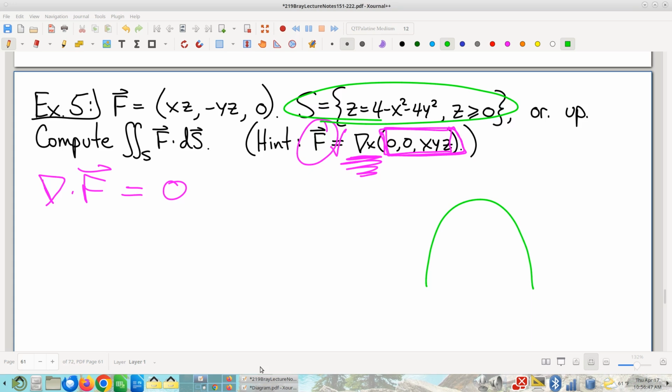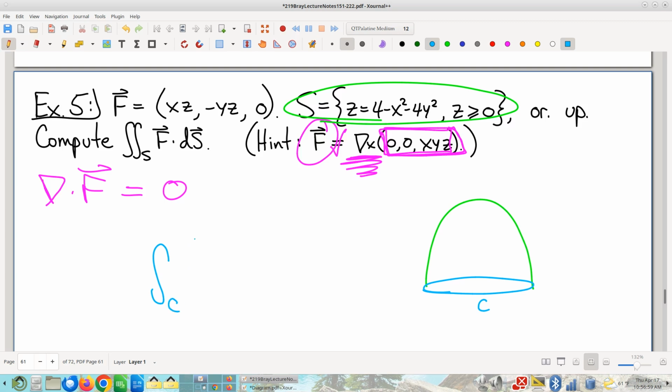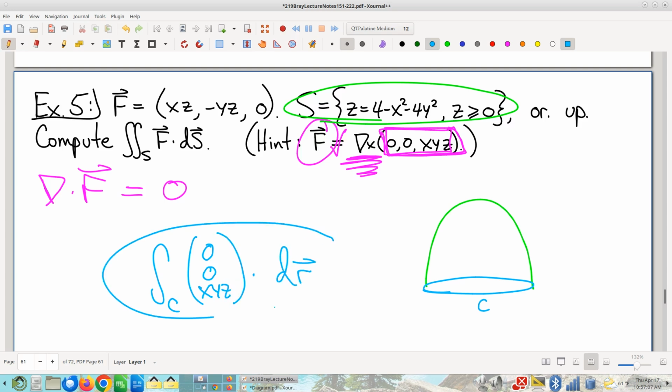So I can instead look at the boundary, think about orientations, blah, blah, blah, and I can do a line integral over this curve of that anti-curl 0, 0, XYZ. And so Stokes' theorem tells us I can compute this flux with that line integral.